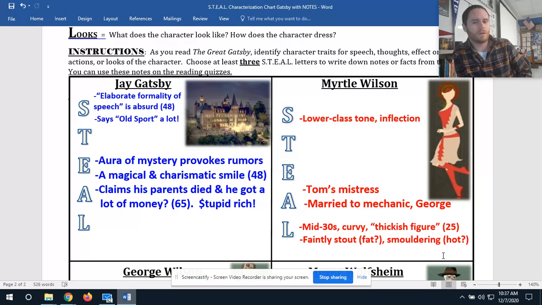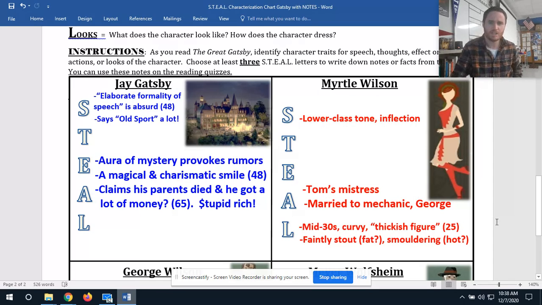In chapter 4, Gatsby describes to Nick while he's driving. He is stupid rich, though. His house is huge. Myrtle Wilson in chapter 2 has a lower class speaking tone, a lower class inflection when she talks. She's Tom's mistress. She's married to the mechanic George, we'll see down below, and she is in her mid-30s, described as curvy.